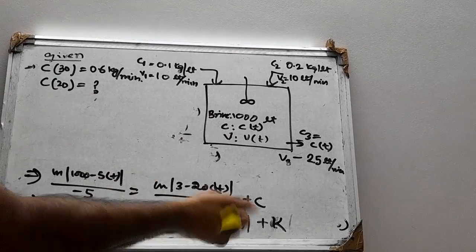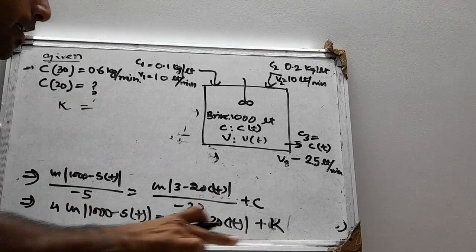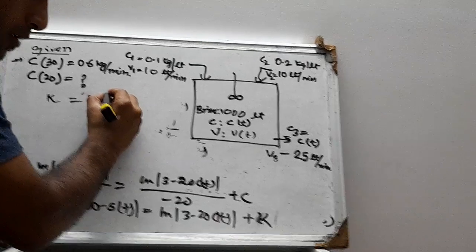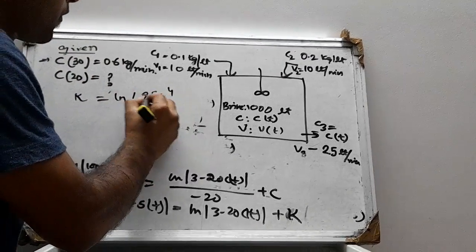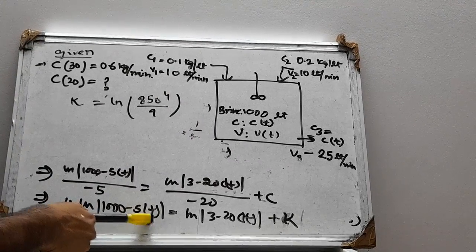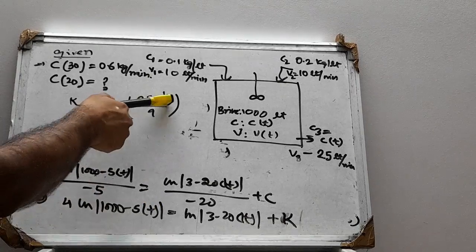So when we do this, the value we get is k is equal to ln 850 raised to power 4 over 9. Because when t is equal to 30, this will be 850, and there is a 4 which will become the power of it.